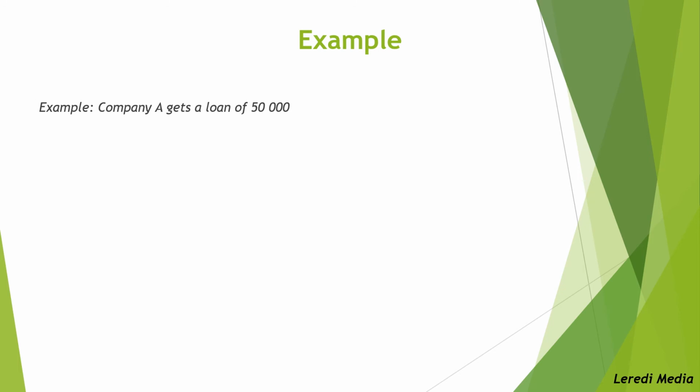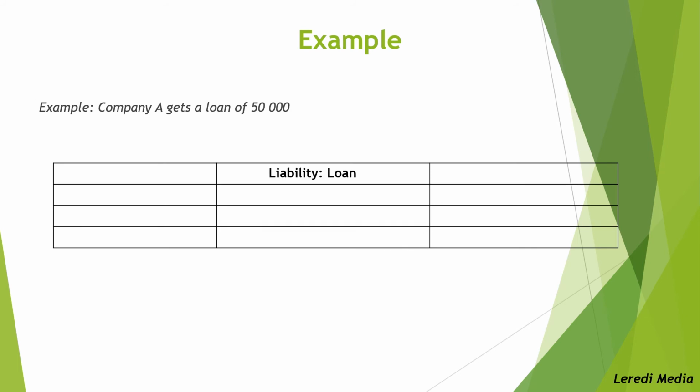Because we have a present obligation, it means that we need to pay out money in the future. In that regard, it means that we have a liability. We'll have the loan as a liability, because if this is an additional loan to the loans that we have, then it will have increased the liabilities that we have. Then it will have a credit entry, on the credit side, of 50,000.